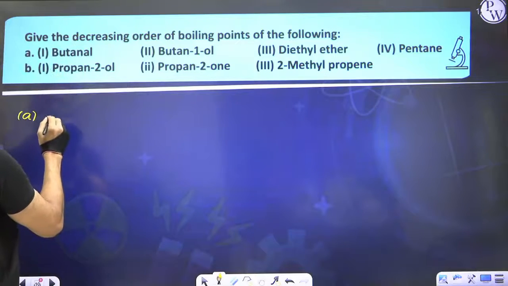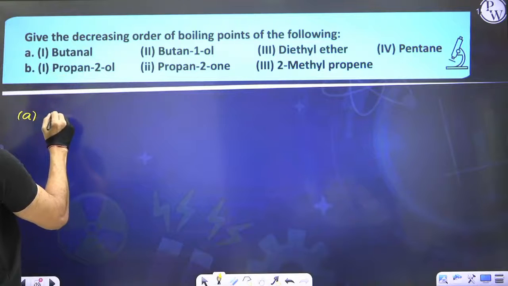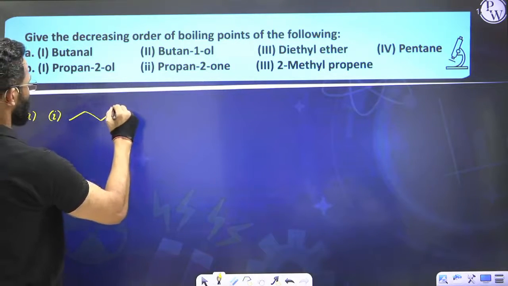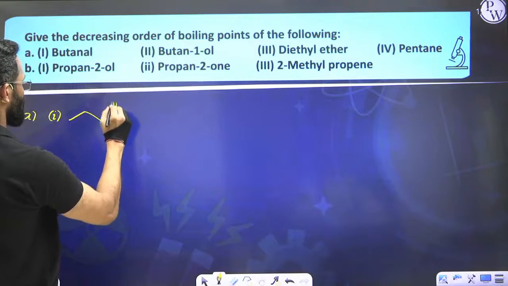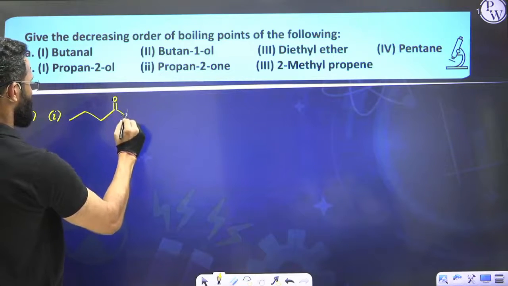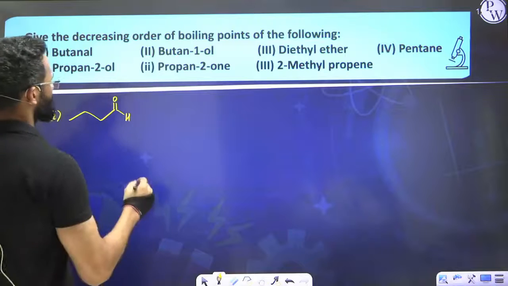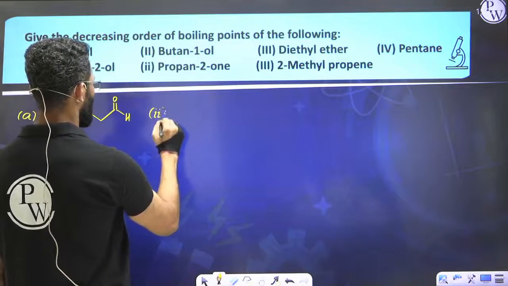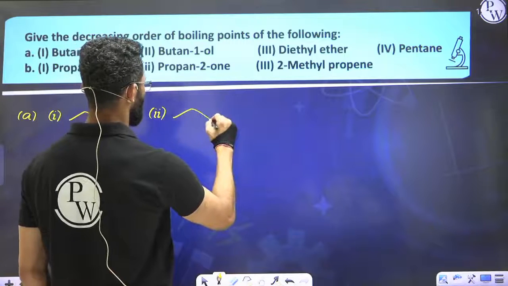First is butanal, 1. Second is butan-1-ol, 2.